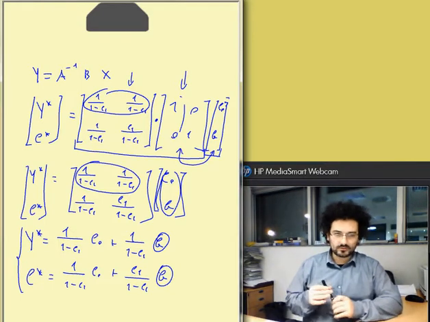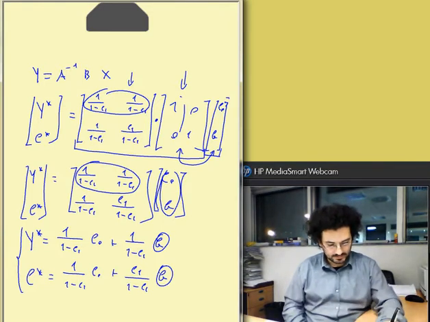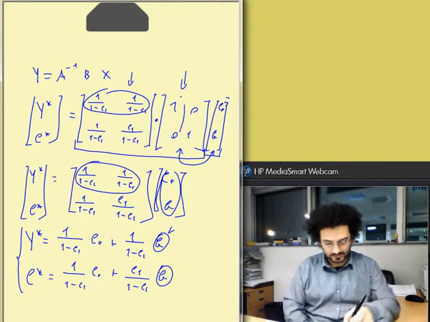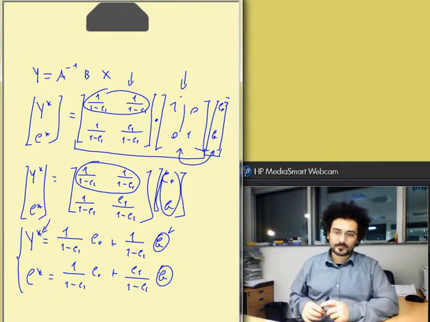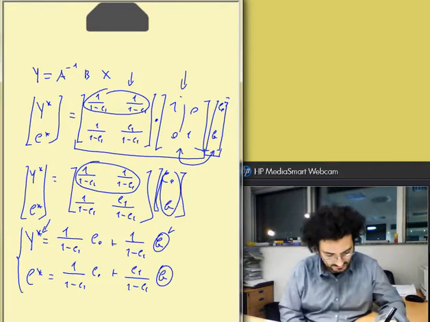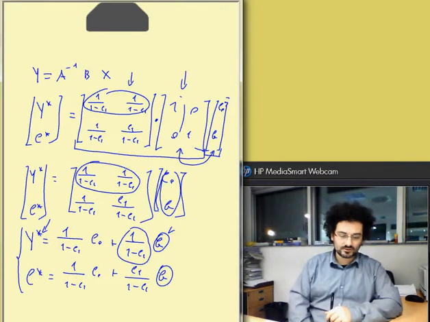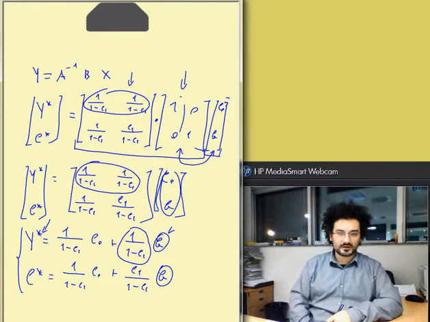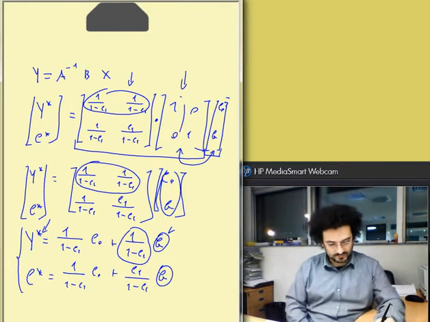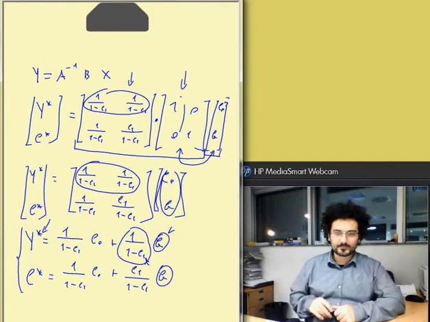So if we have an increase in the public expenditure, we have also an increase in income, and the effect is given by this coefficient, which is a number greater than 1. It's the so-called multiplier effect, because C1 is smaller than 1, so this ratio is greater than 1.